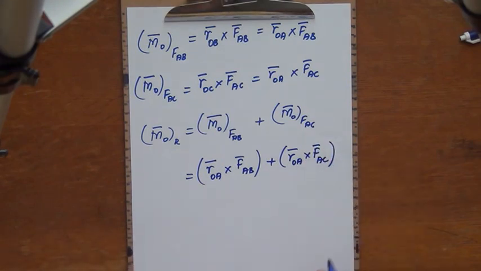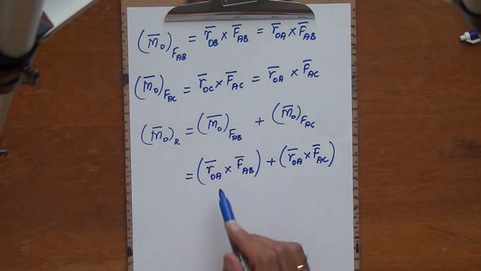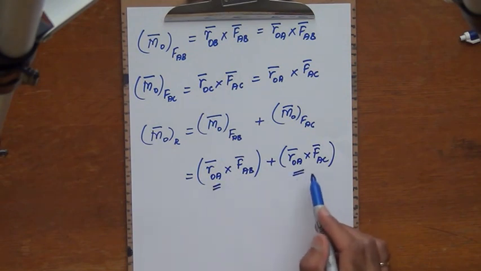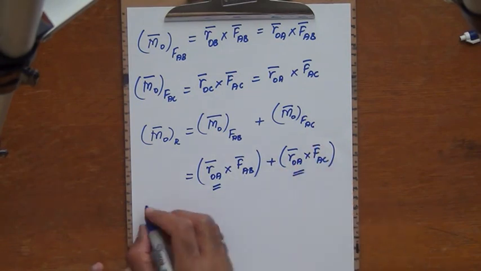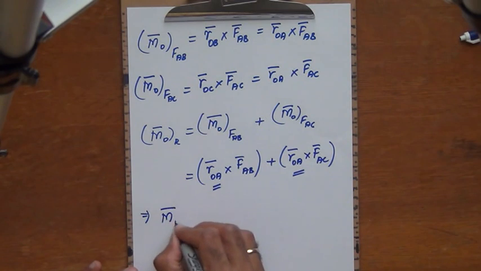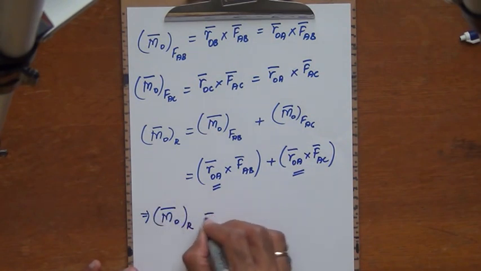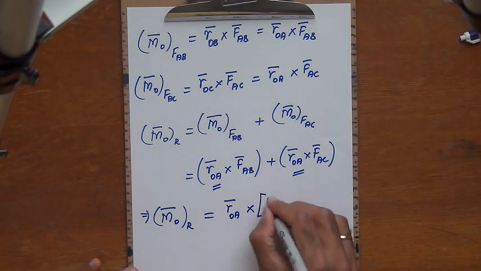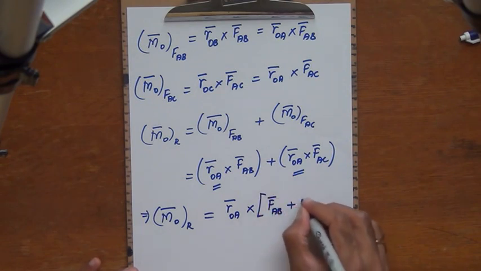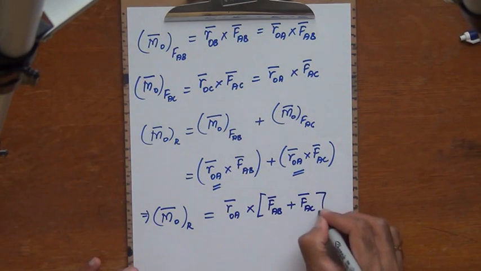You can consider the other two choices as well, they are equally valid. The reason I'm choosing this is because ROA is a common factor. A cross B plus A cross C is A cross (B plus C), which means that my resultant moment is going to be ROA cross (FAB plus FAC).